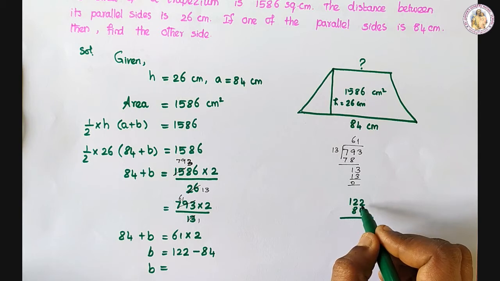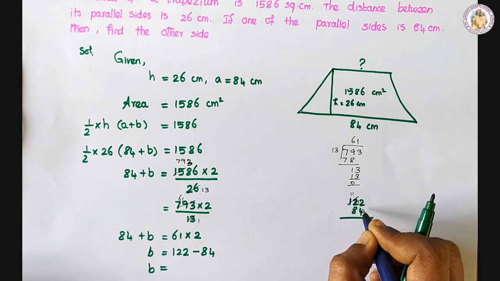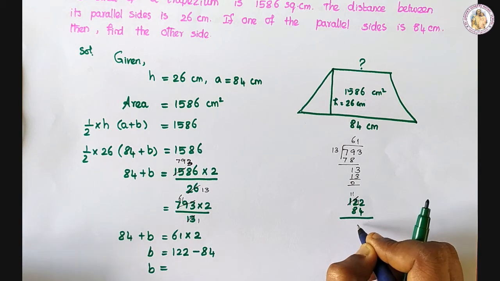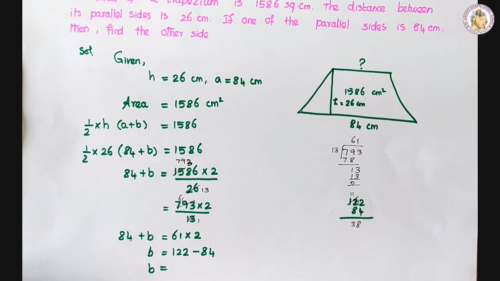Two minus 4 is not possible. So 11 becomes 12 minus 4, 8. 11 minus 8, 3. So we get 38 centimeter. That is the parallel side b.